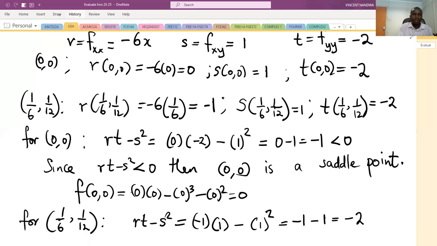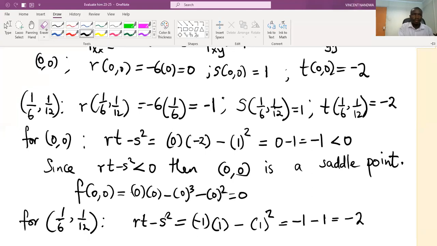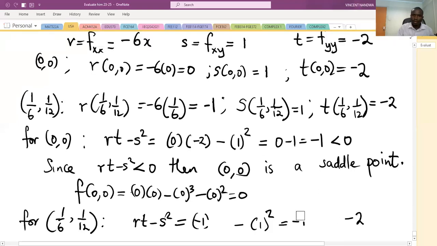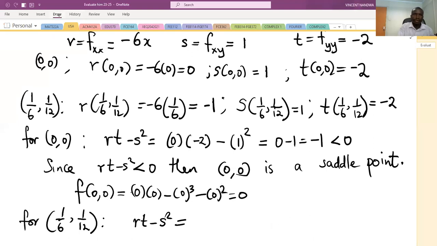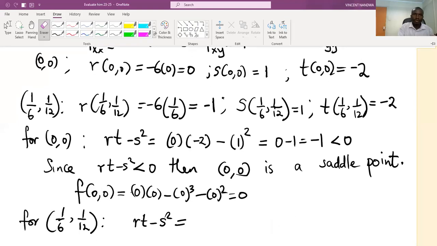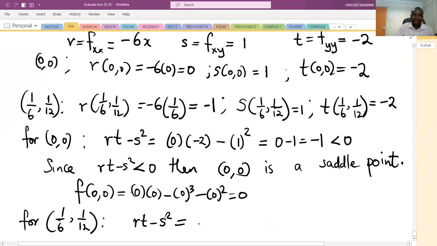Sorry for that. So we have R for 1 over 6, 1 over 12. According to this calculation, R is negative 1.